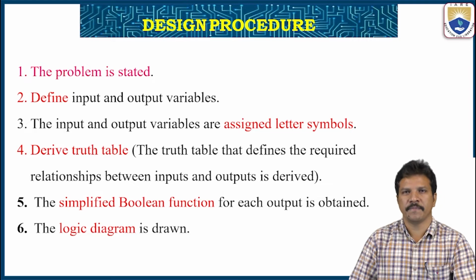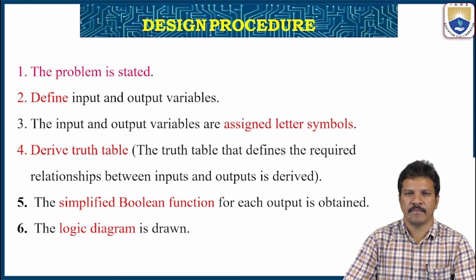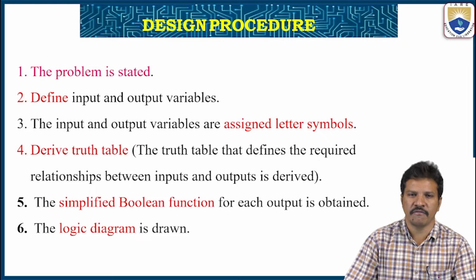The first one is the problem is stated, the problem is defined. Whatever the problem from the user end, the user requirements, need to be stated. We need to define and identify those problems.